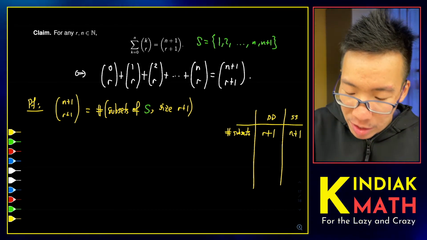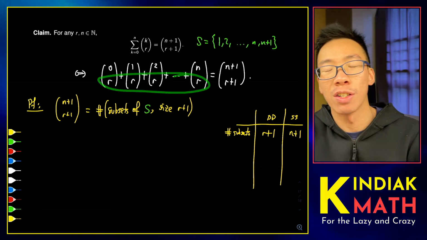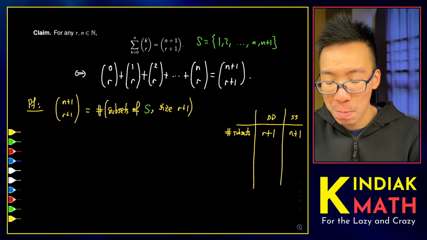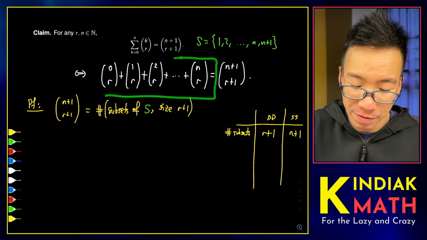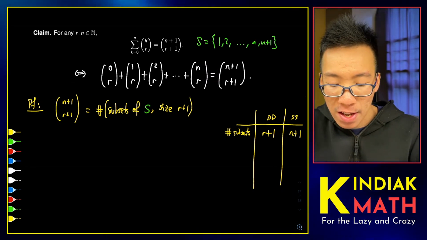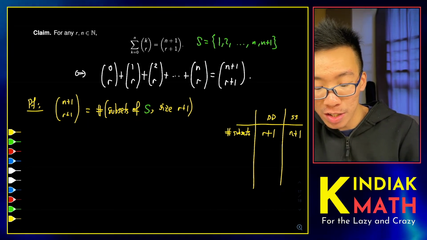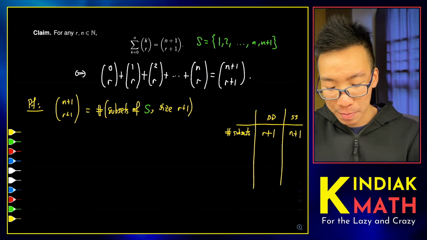Now, somehow we need to reduce the r plus 1 problem into an r problem, right? Because on the left side, we have subsets with size r plus 1. On the right, we have subsets of size r. So somehow we are going to need to get rid of one number, correct?